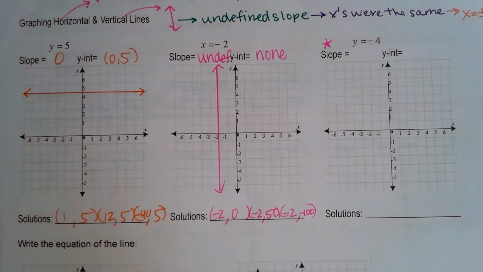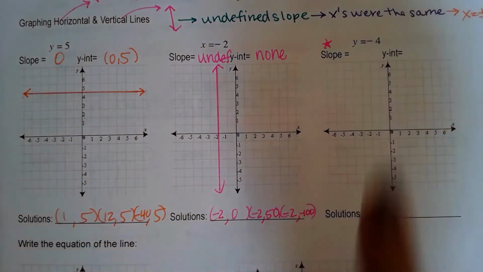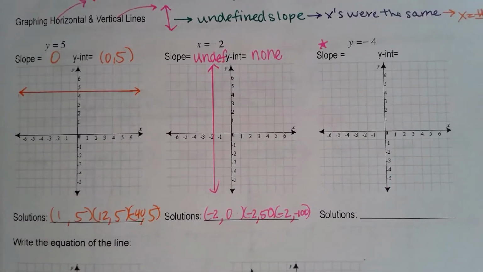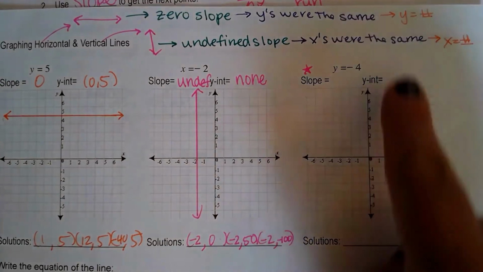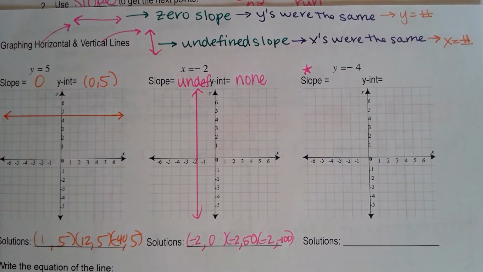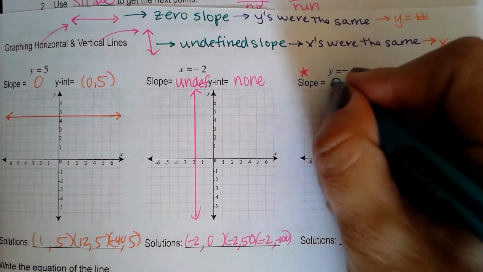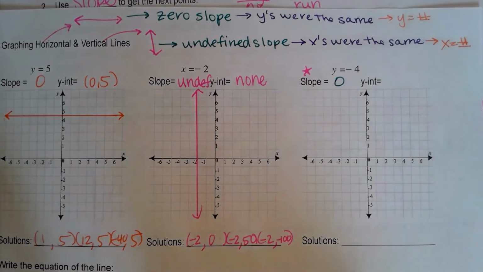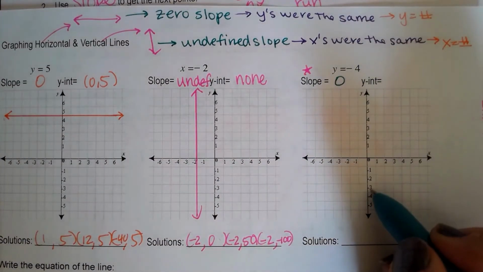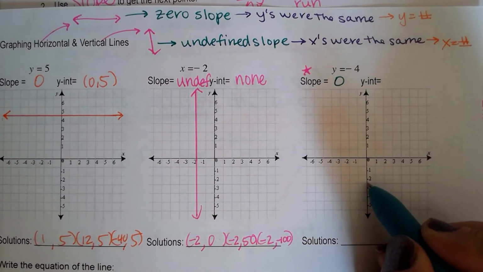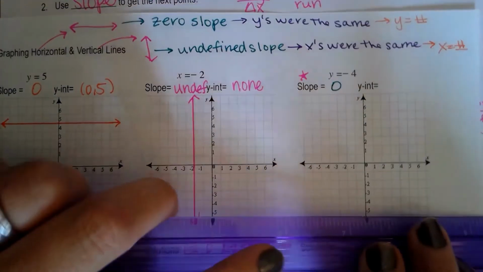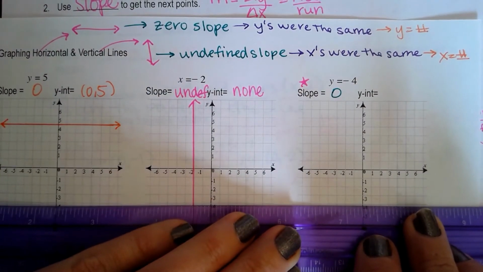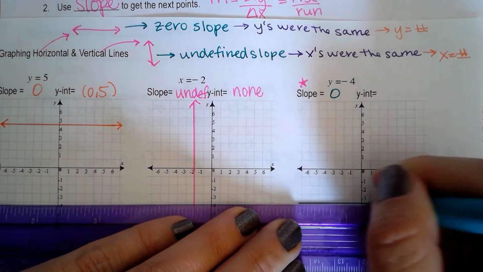So on this one, it's a y equals a number. So y equals a number, if we're following this, is going to be a 0 slope. Okay. And then we're going to go down to negative 4 on the y. 1, 2, 3, negative 4. And we're going to draw a horizontal line.